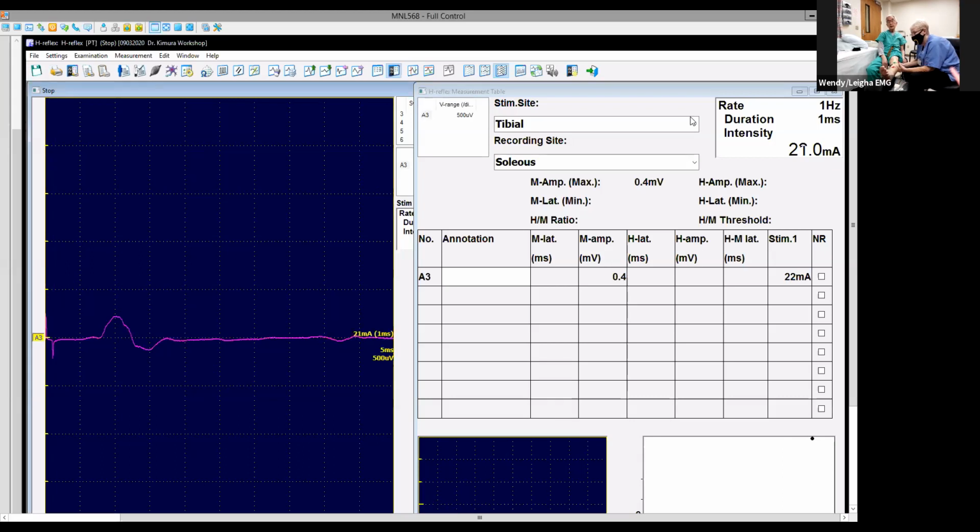But Sheila's having trouble getting the H reflex. Maybe because I'm not relaxed. Just let your leg go. Let it lay in my hand. Just let your leg go down. There you go.